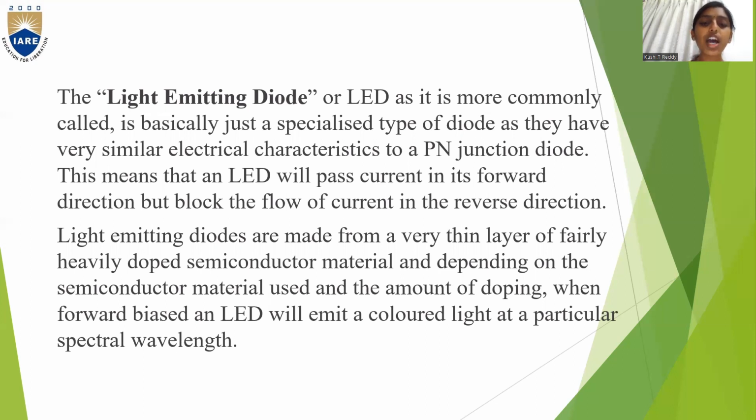Light emitting diodes are made from a very thin layer of fairly heavily doped semiconductor material, and depending on the semiconductor material used and the amount of doping, a forward biased LED will emit a colored light at a particular spectral wavelength. So from this slide, we get the point that an LED is similar to a diode, but it has some more special characteristics making it different from the diode.